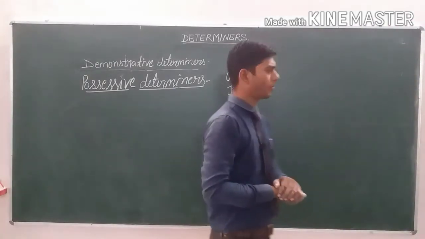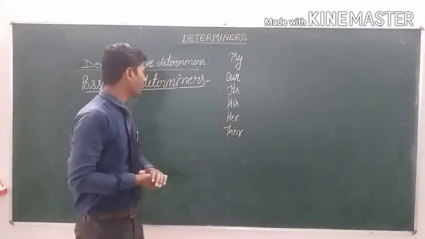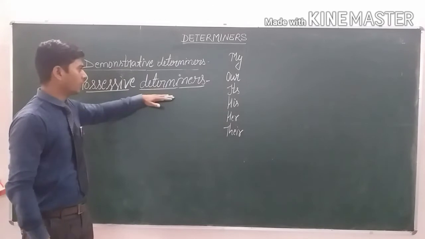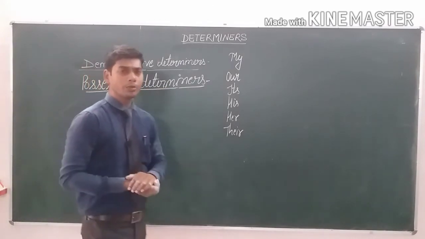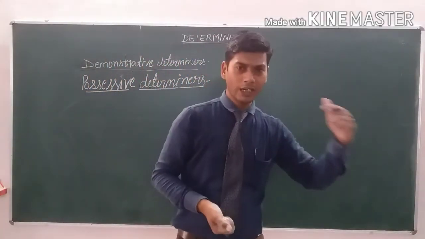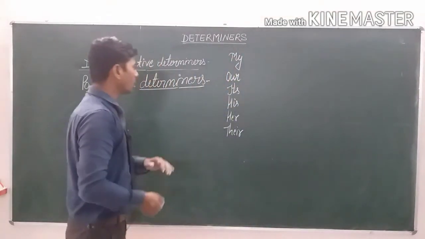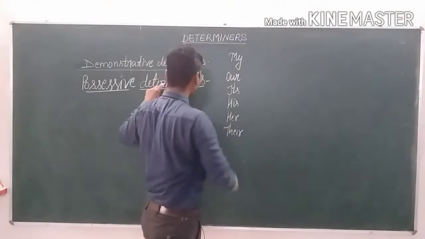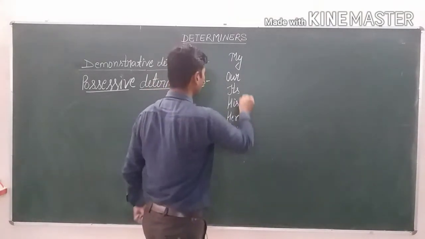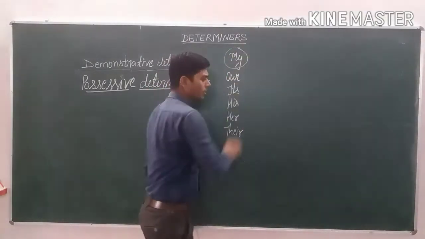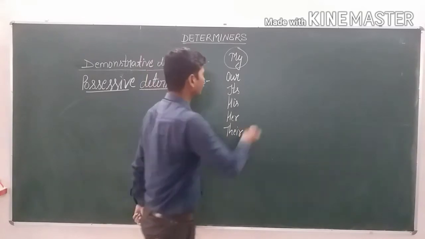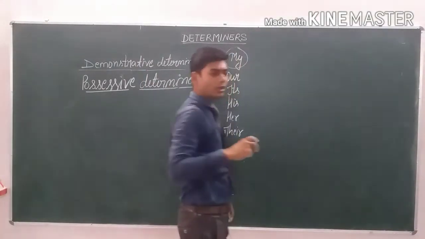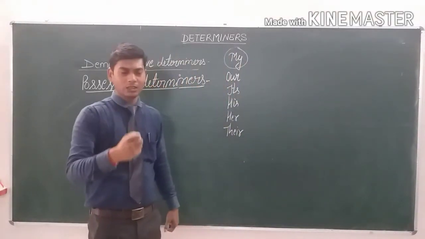Okay, there is a difference between possessive determiners and possessive pronouns. We will clarify it. I am going to note down the examples of possessive determiners. First one I have written here, the word my. There are two words in a sentence.